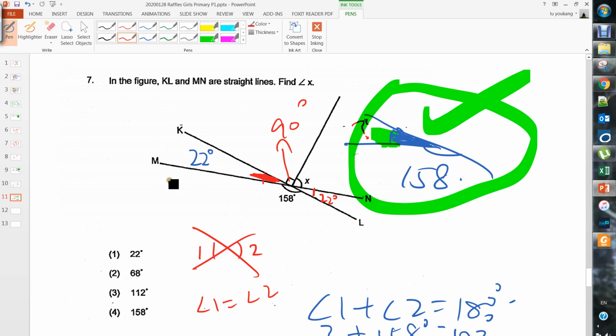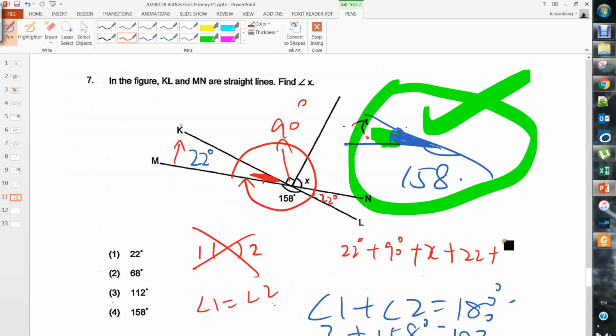Why? Because 1 round is how much? So let's say I start from here. 22 plus 90 plus x, plus 22 plus 158 equals to 360.